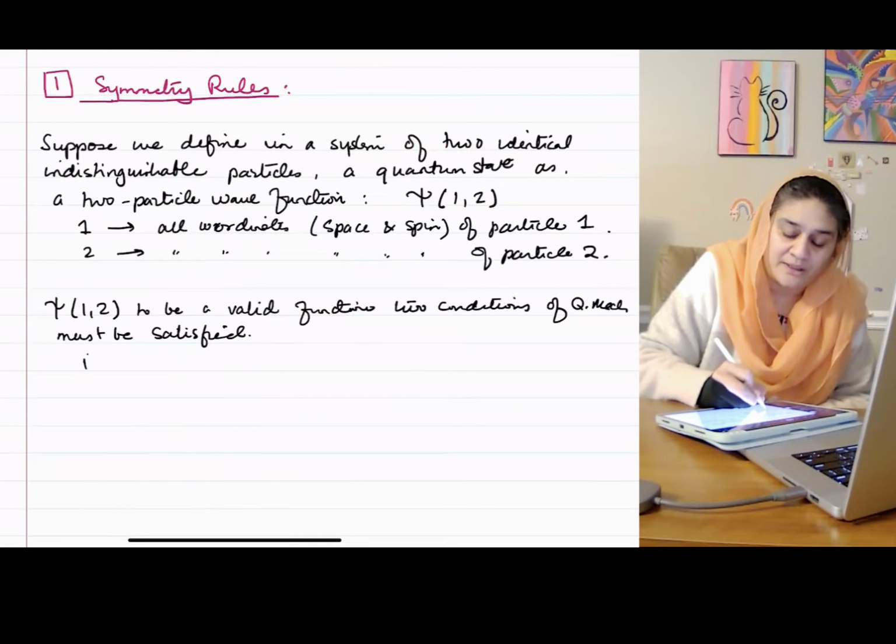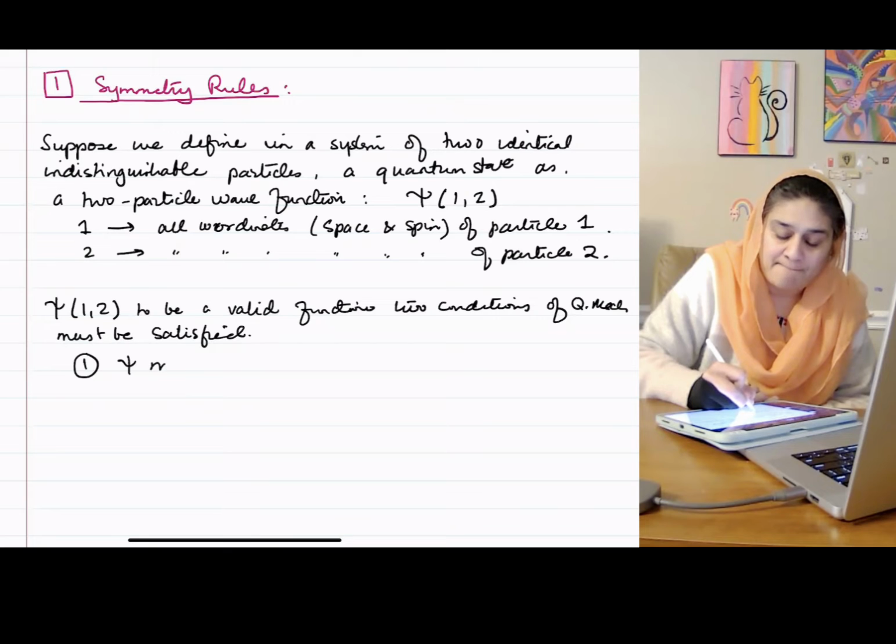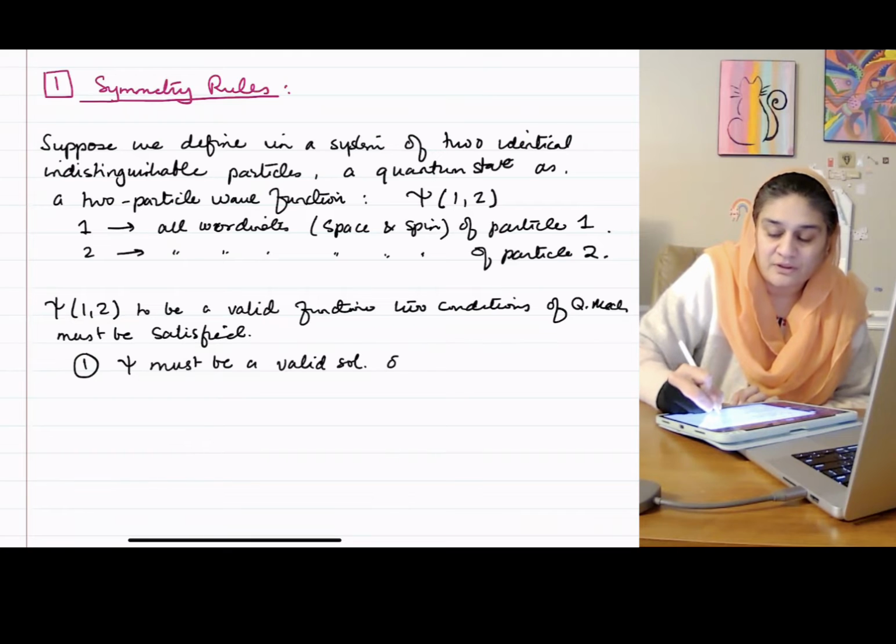Those are, 1, psi must be a valid solution of the Schrodinger's equation.